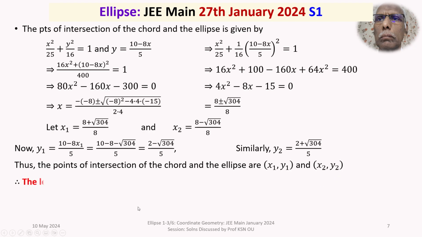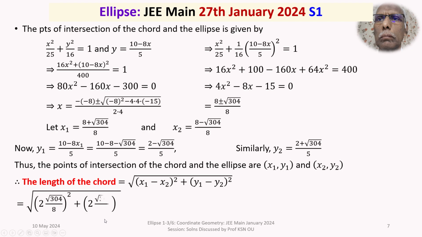The length of the chord is equal to under the square root of (x1 minus x2) whole square plus (y1 minus y2) whole square. So x1 minus x2, 8 cancels, 2 under the square root of 304 by 8, and y1 minus y2, 2 cancels, and that will be 2 under the square root of 304 by 5 whole square. So that's what we got.